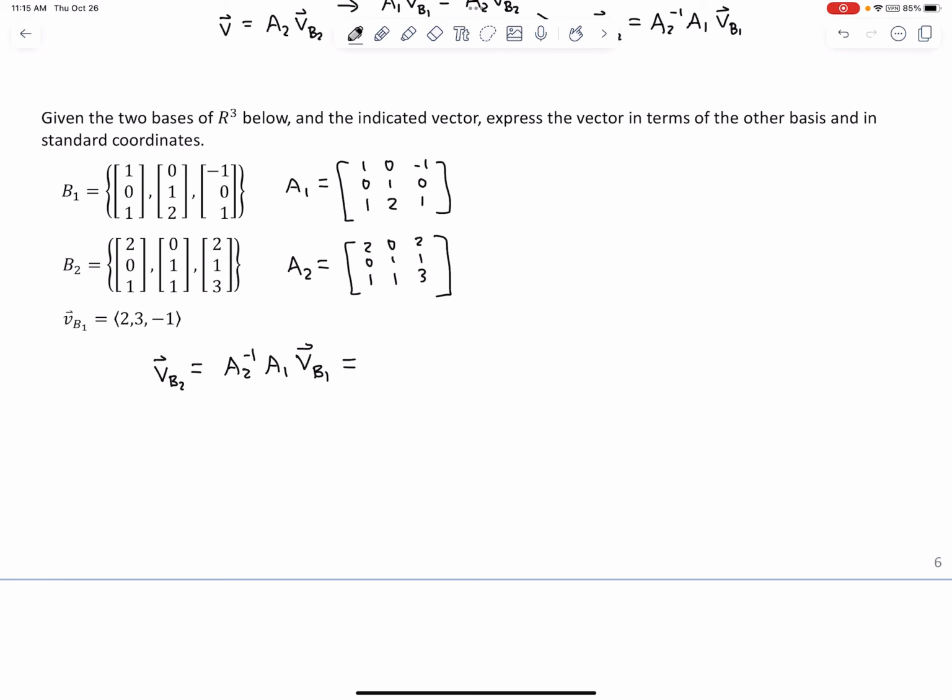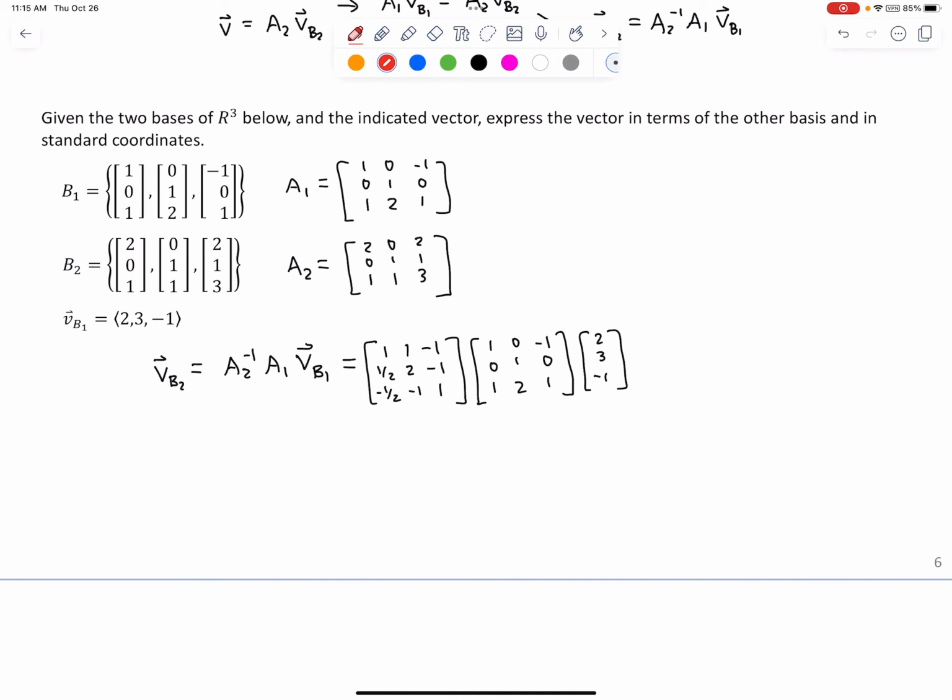So I use technology to find the inverse of A2, then multiply by A1, then multiply by the B1 coordinates. So you could do this a variety of ways. You could first do this matrix vector multiplication and get a vector, and then multiply by the inverse matrix. Or you can multiply the matrices together first to get a new matrix, and then multiply by the B1 coordinates.